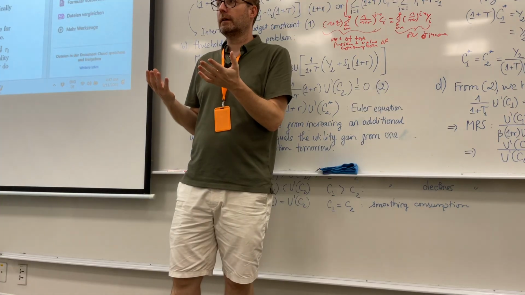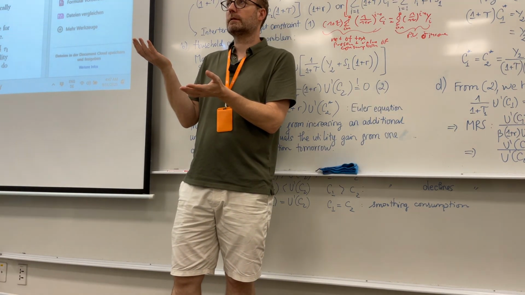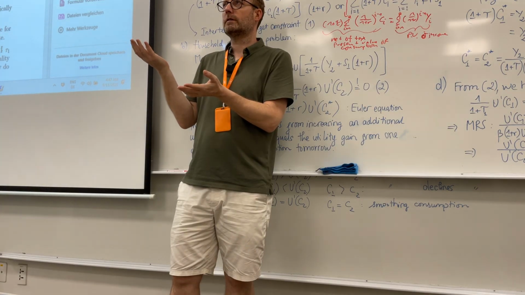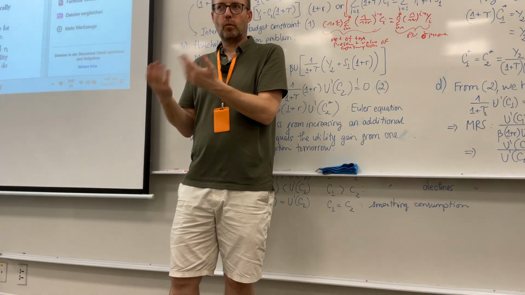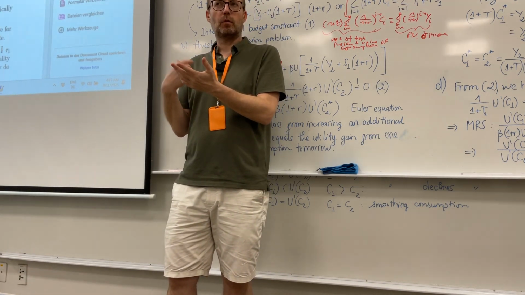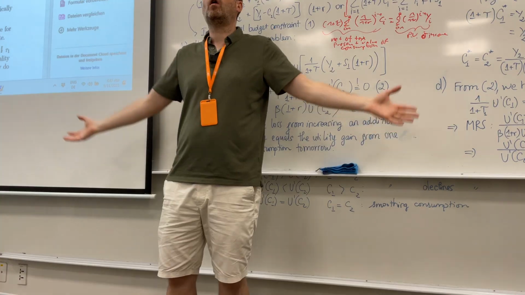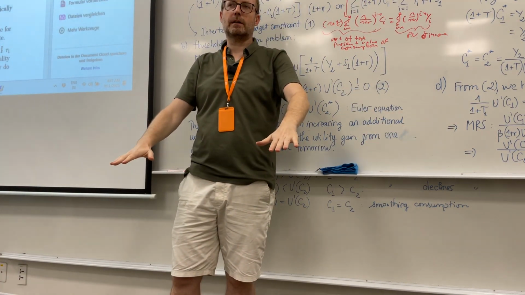If it's higher than our impatience, it means we get compensated more by waiting than we dislike waiting, so we'll wait. And not just one person, but everyone's going to wait, so we're all going to try to save more, which would tend to drive down the return on savings.